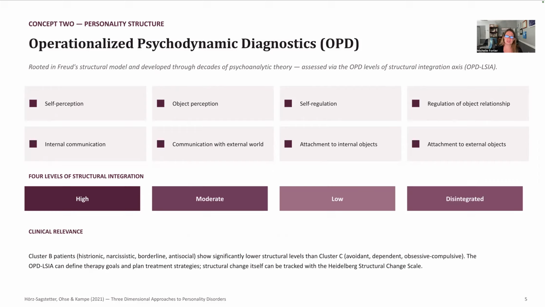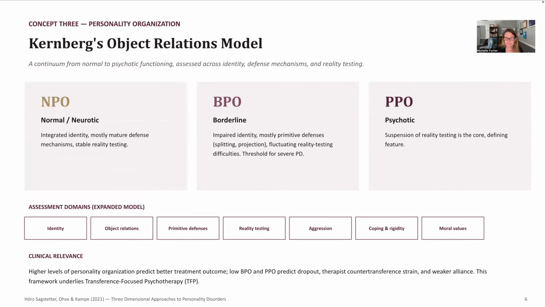There are 4 levels of structural integration: high, moderate, low, or disintegrated. Clinical relevance: cluster B patients, histrionic, narcissistic, borderline, antisocial, show significantly lower structural levels than cluster C, the avoidant, dependent, obsessive-compulsive. The OPD LSIA can define therapy goals and plan treatment strategies. Structural change itself can be tracked with the Heidelberg Structural Change Scale.